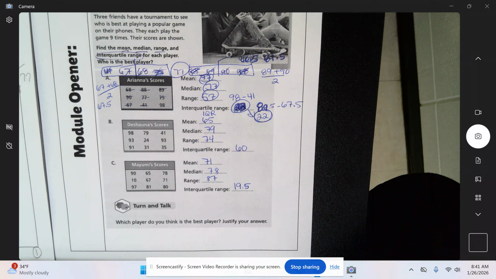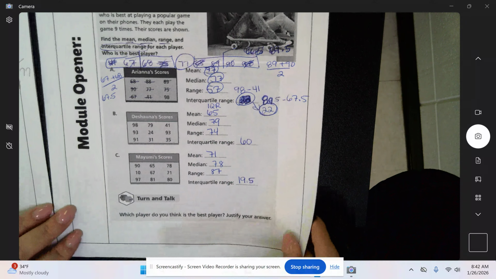So you would want to look at the mean. So who has the highest mean? Ariana. If you look at the range and the interquartile range, those are telling you how spread apart the numbers are. And the bigger the spread, the further apart they are and the less consistent they were. Good deal. Okay? So we could say Ariana's because she has the highest mean. Turn the page.